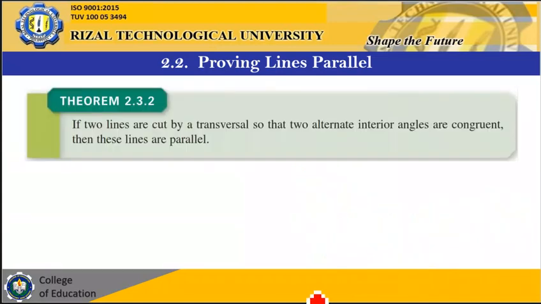The next theorem says, if two lines are cut by a transversal so that two alternate interior angles are congruent, then these lines are parallel. Again, let's illustrate first.